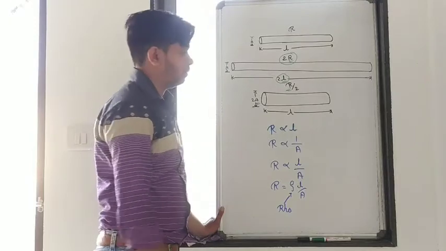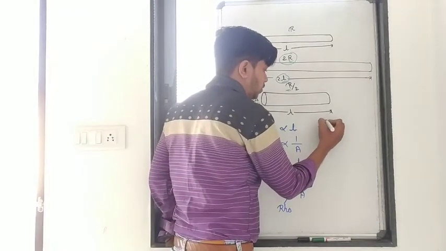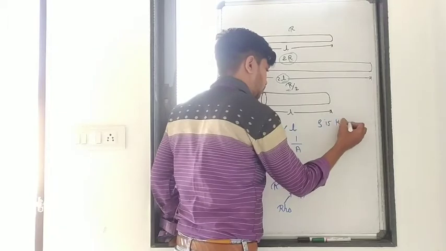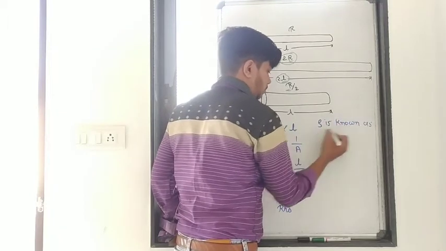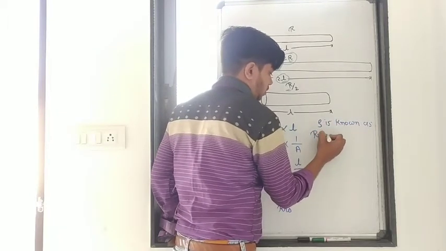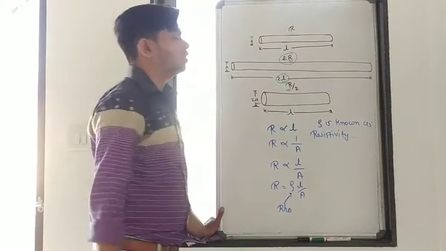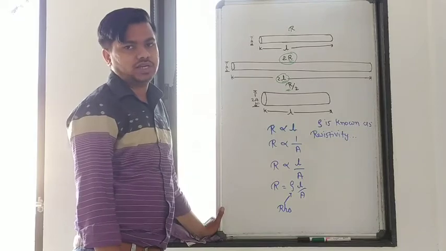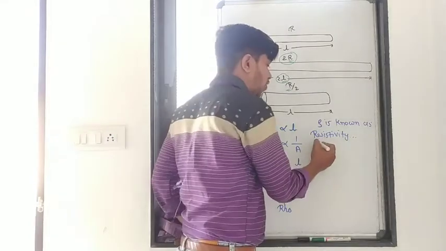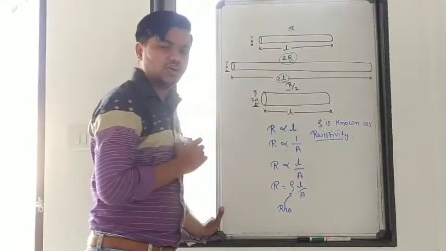Rho L by A, where rho is known as resistivity, which is the property of the material, which is a constant.